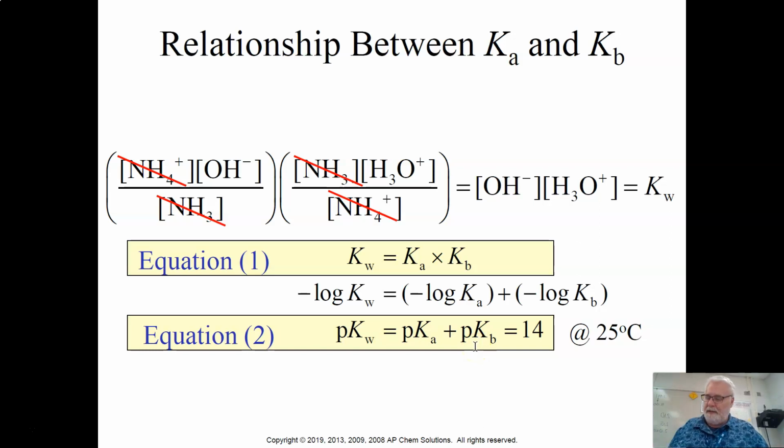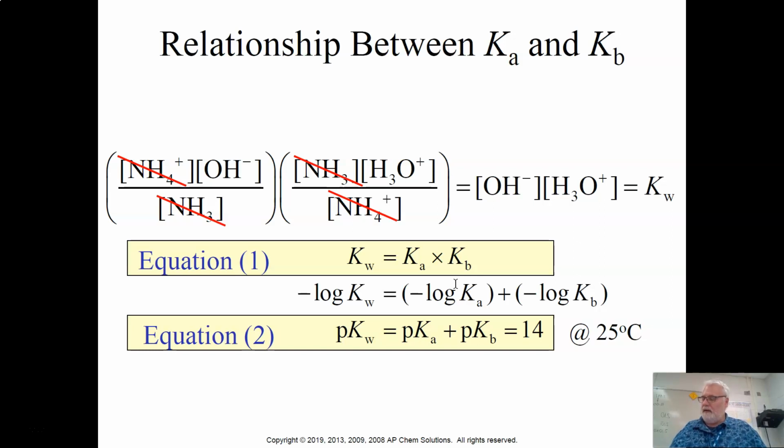And just taking a quick peek on the purple sheet right here, it says that Kw equals the concentration of H times the concentration of OH, which also equals Ka times Kb. So that is provided for you as an equation.